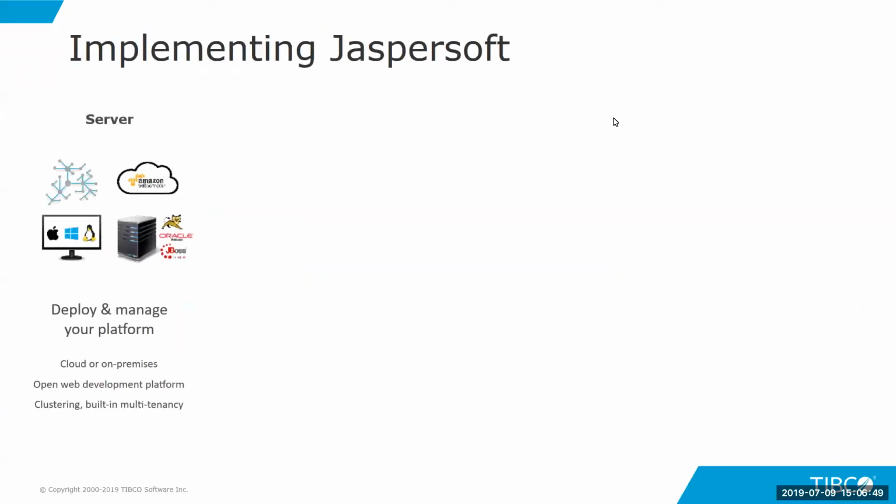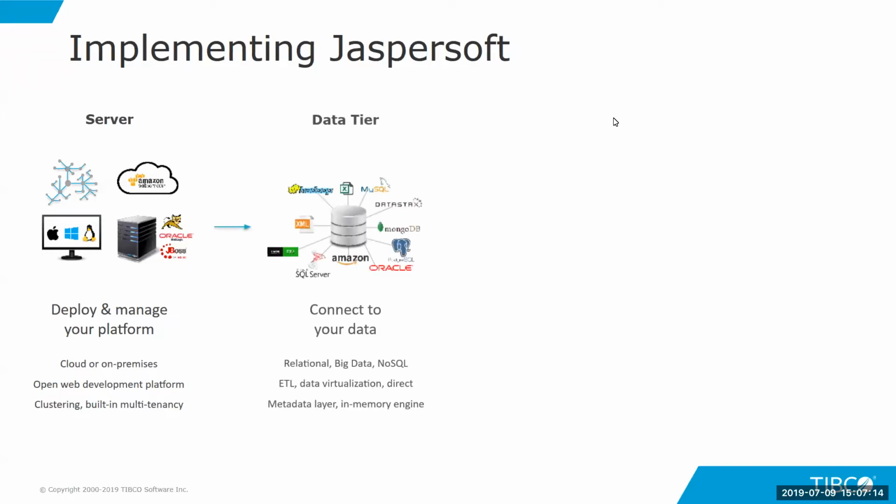So, in some ways it runs counter to what Jaspersoft itself has, a bit of a bottom-up BI type of approach, which runs counter to that. So we had to do things in parallel here, but just to let you know how Jaspersoft works and gets implemented: you deploy your platform and connect to data.